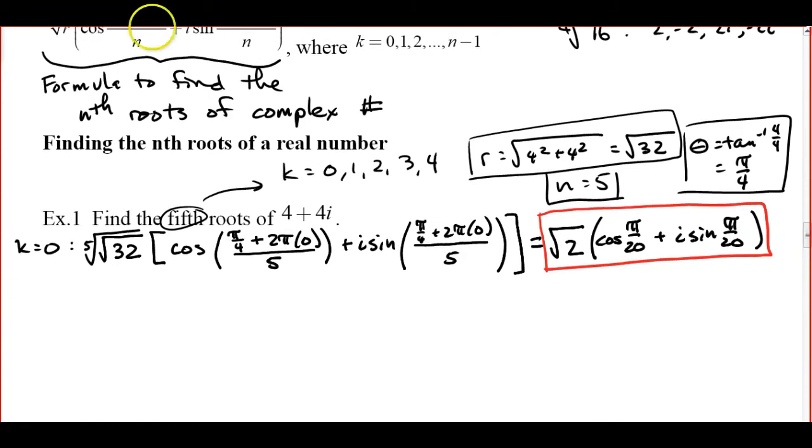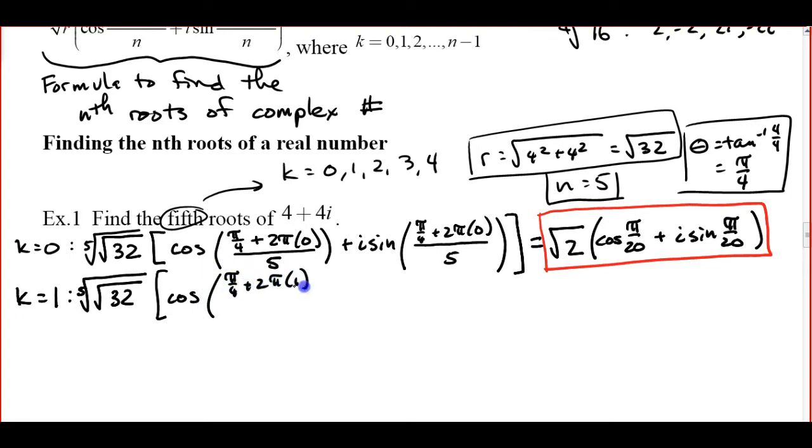Next we're going to do k equals 1. Again, I have the fifth root of the square root of 32 times the cosine of pi over 4 plus 2 pi times 1 over 5 plus i times the sine of pi over 4 plus 2 pi times 1 all over 5.